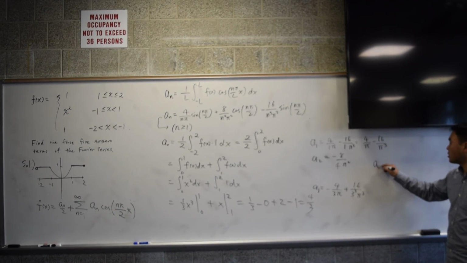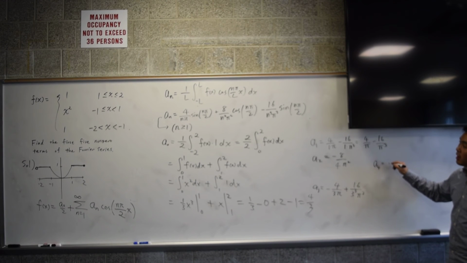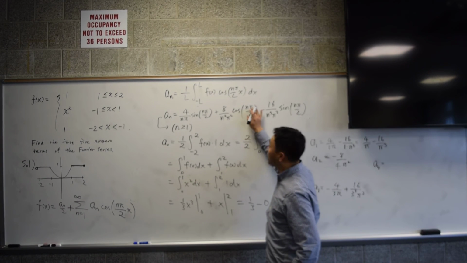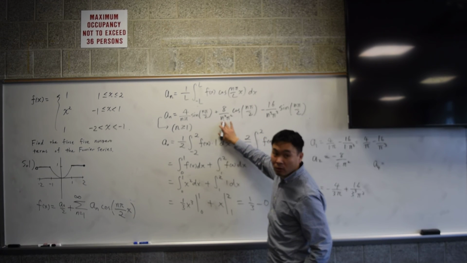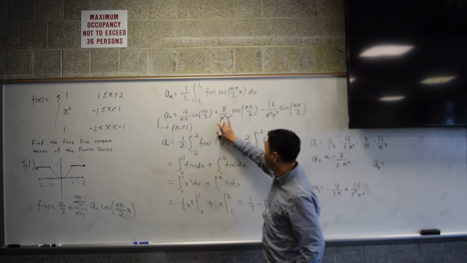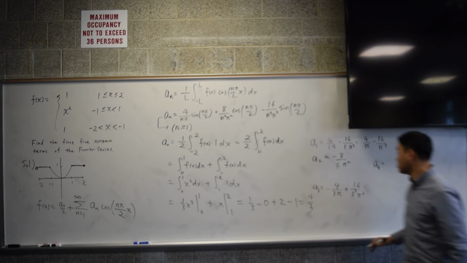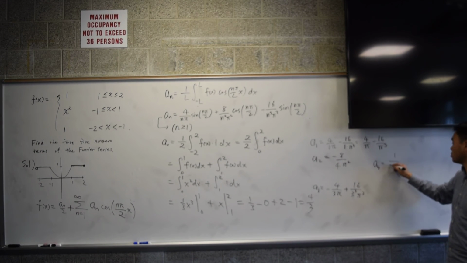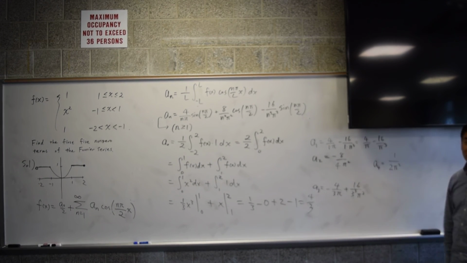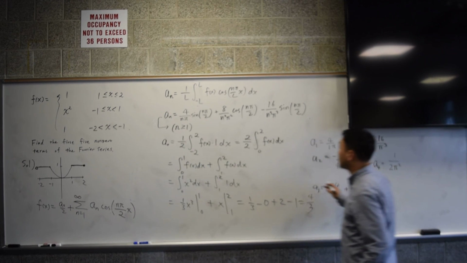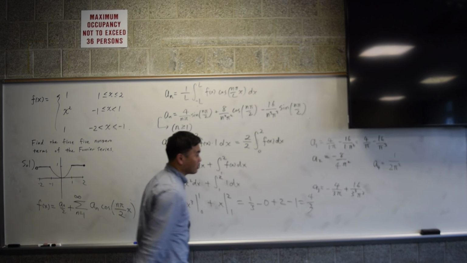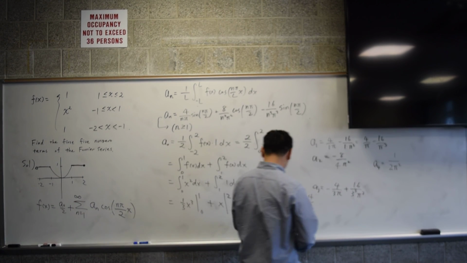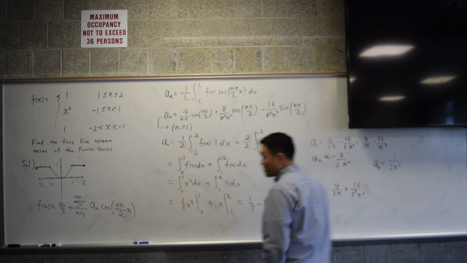And then a_4, what would that be? a_4, cosine 2 pi is 1. Therefore, you get 8 over 16, which is 1 over 2 pi squared. That's your a_4. Again, when you plug in 4 here, you get sine 2 pi there, and those are 0. Okay. So those are the values, and now we can actually write down our function.